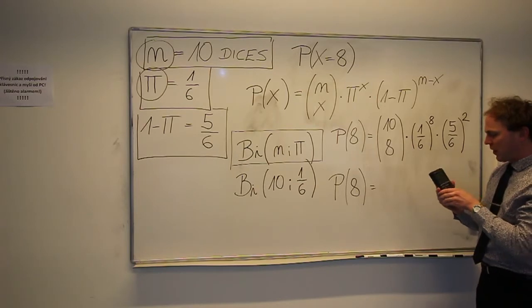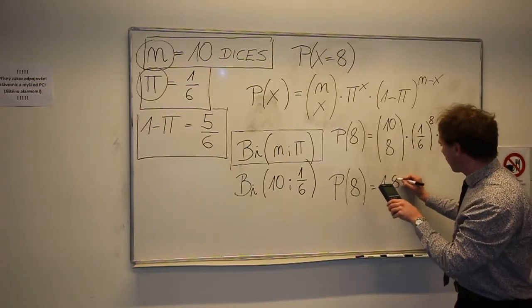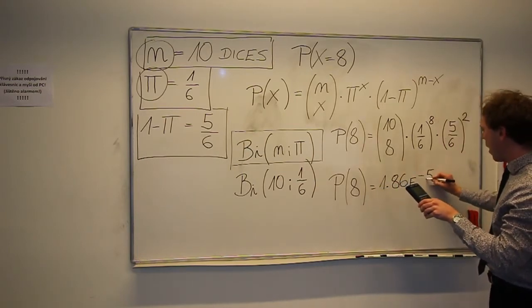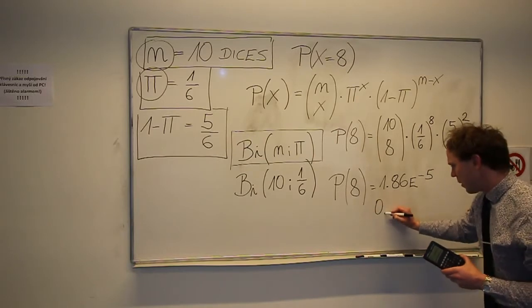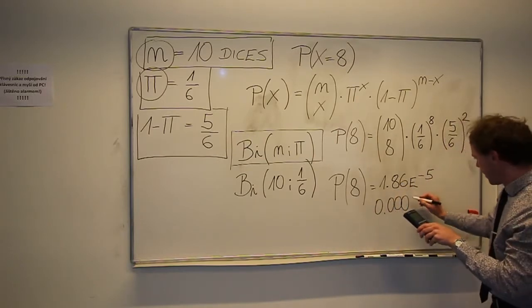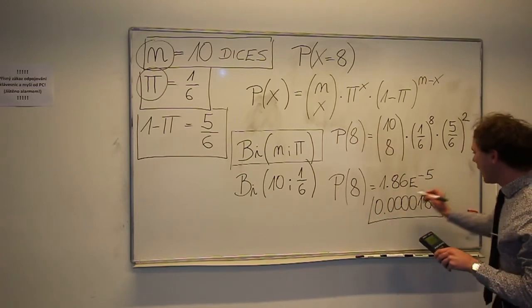Okay, this probability is very, very small. 1.86 exponent minus 5. So what is it? 0.0000186, yes?